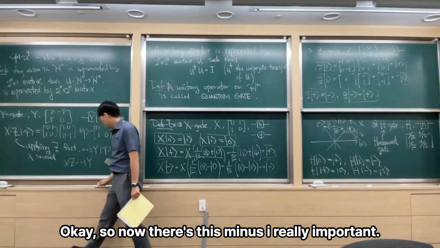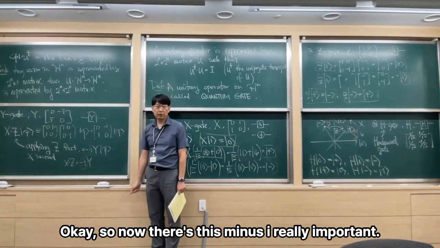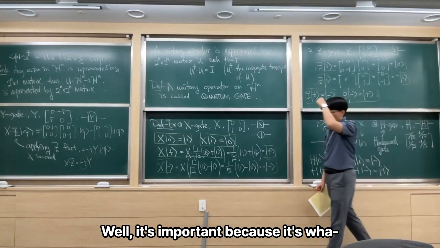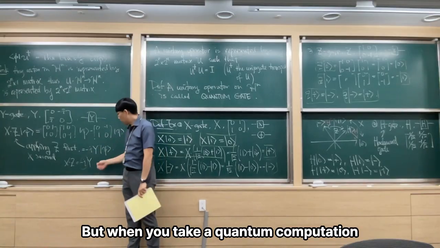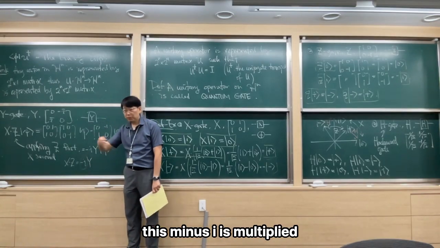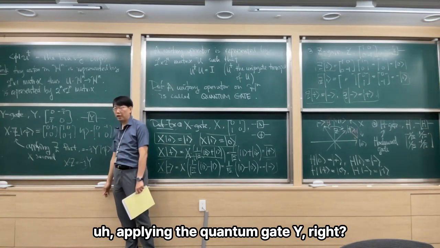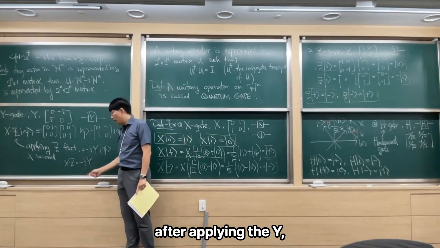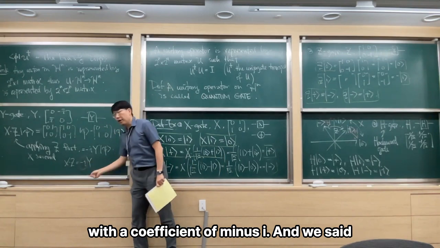Okay, so now does this minus i really matter? Well, it's important because it's how we define the Y gate. But when you take a quantum computation with the Y gate, this minus i is multiplied after you apply the quantum gate Y. So you have a fixed state after applying the Y, and then you multiply the entire quantum state with the coefficient minus i.